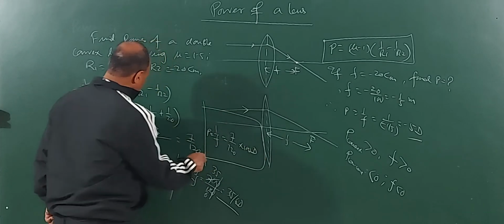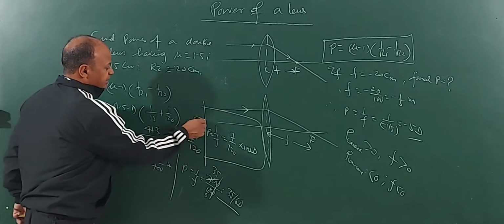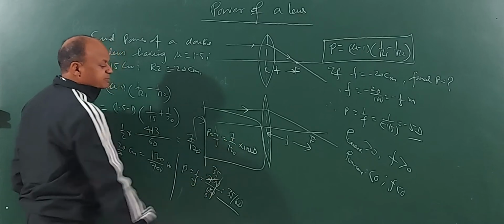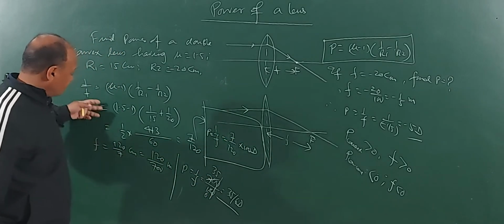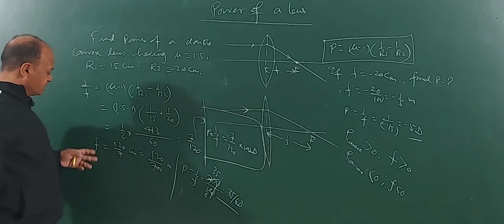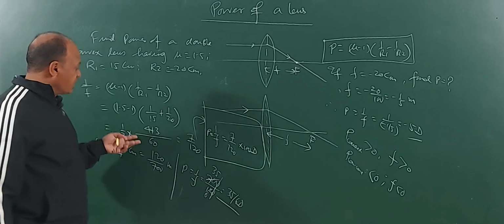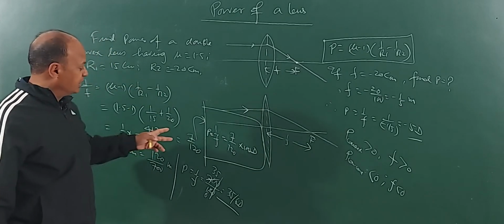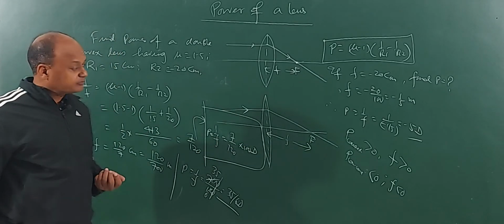You don't have to go the long way. Once you get 1 by f, whatever answer you got, multiply it by 100 and you will directly get the answer in diopters. So you can do either way. The long way is like arm twisting: you get f, convert it into meter and then take the reciprocal. Instead, whatever you got by simplifying using the lens maker's formula, just multiply this answer by 100 and you will get the power in diopter. Clear?